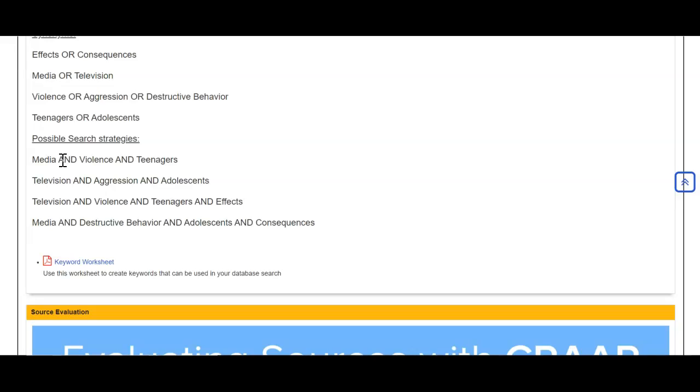In a library database search, if you put in an entire sentence or let's say a 5 or 6 word phrase, the database is going to pick and choose which words it looks for. So what we try to do is break it down into the smallest chunks and put each word into different boxes.